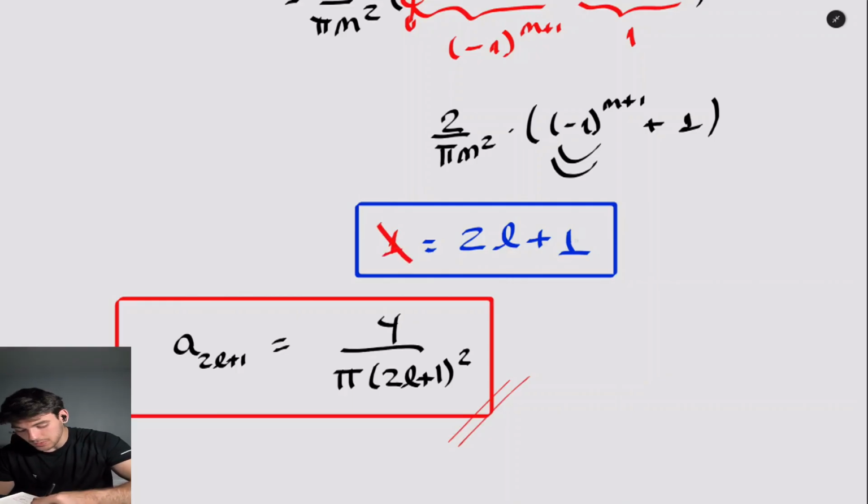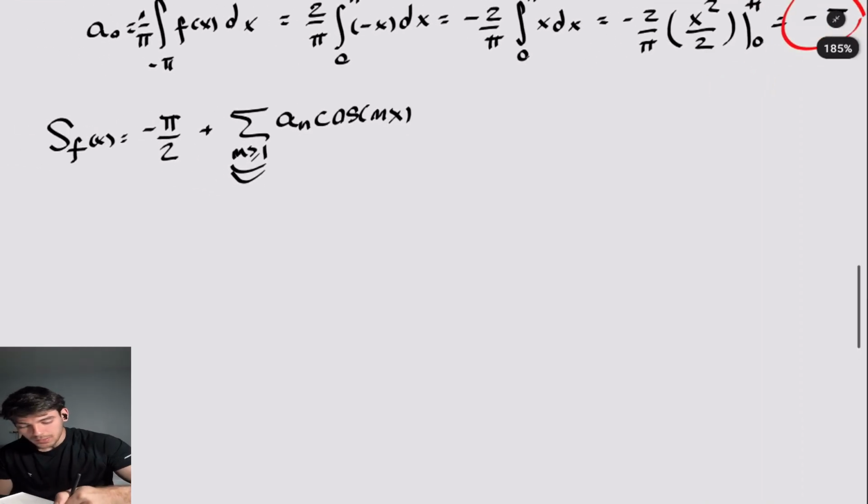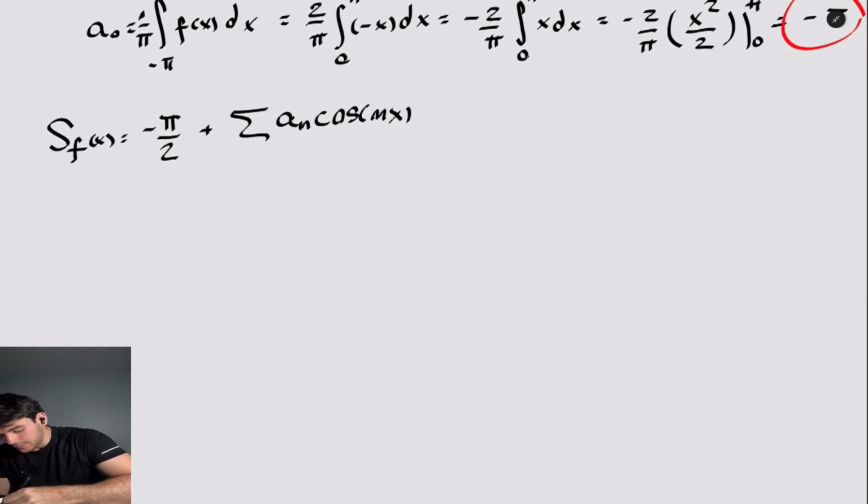It cuts out with this 1 here, and we'll have 2L equals 0, so L equals 0. Because we've changed variables, our sum will start at L greater or equal to 0. We need to change that since we've changed the variable.